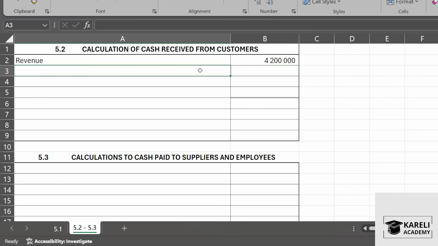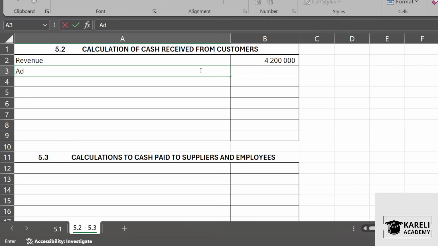And then you know again that we need to have the trade receivables. Now this one, guys, for the assets, by assets I'm referring to trade receivables as well as the inventory. The opening balance we add, the closing balance we subtract.